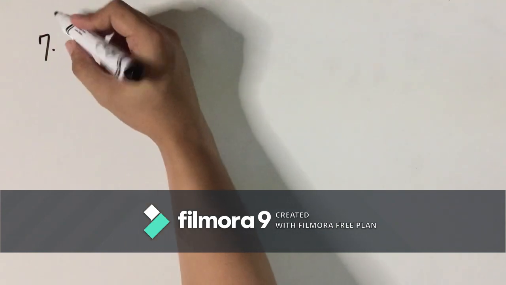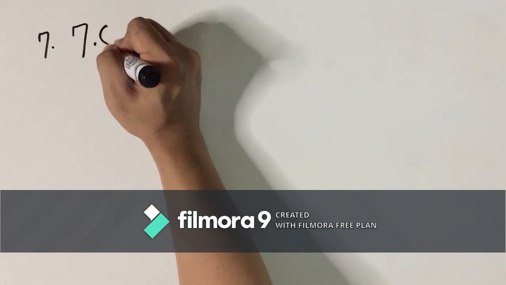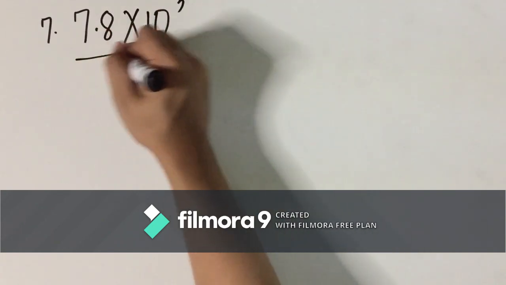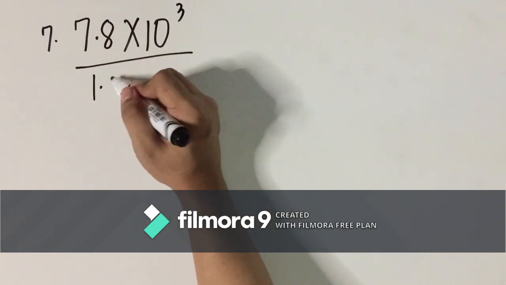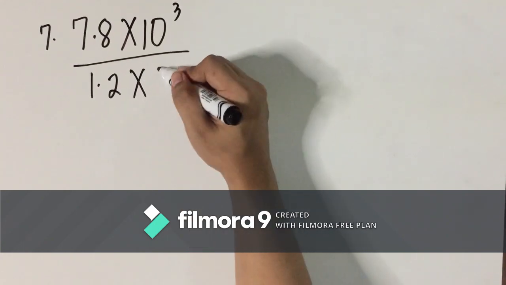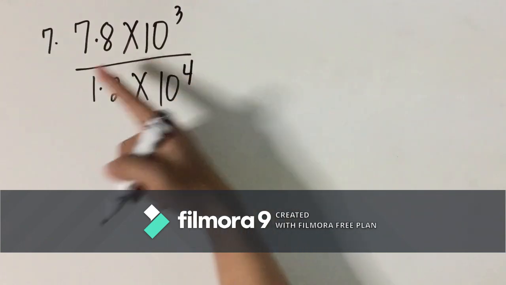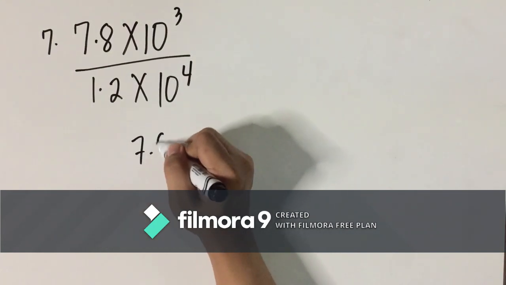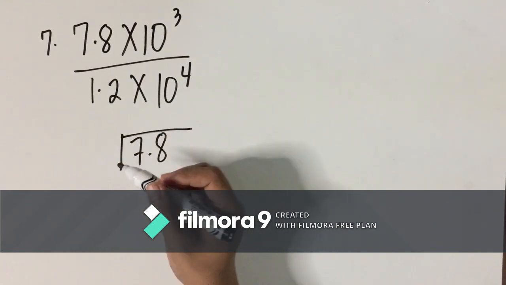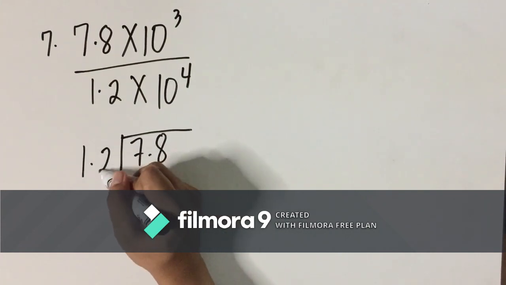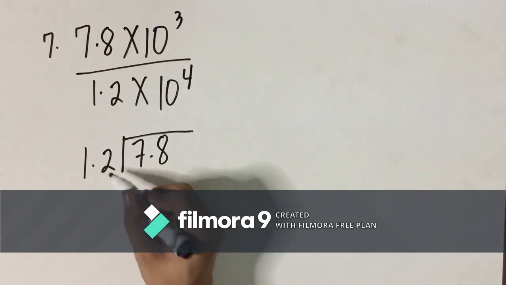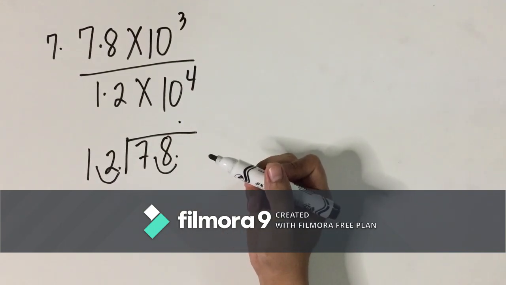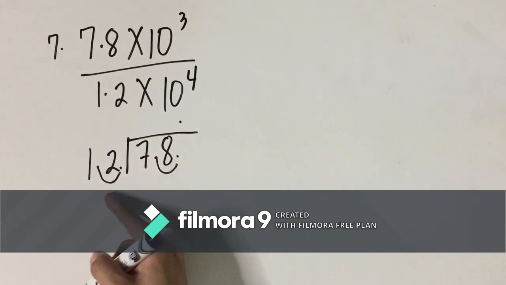positive 1. For number 7, so we have 7.8 times 10 raised to positive 3 divided by 1.2 times 10 raised to positive 4. So we have to do the operation for the digit term. So I know you know how to work with these values in terms of division.